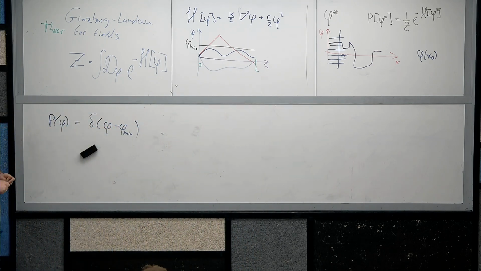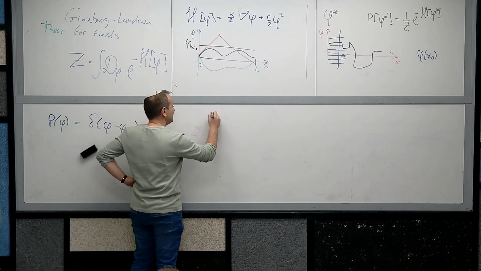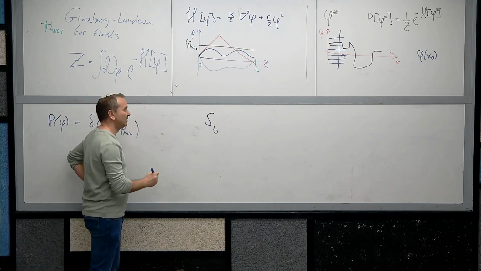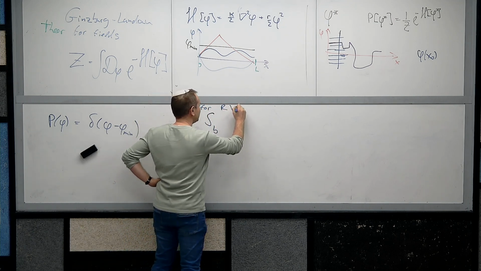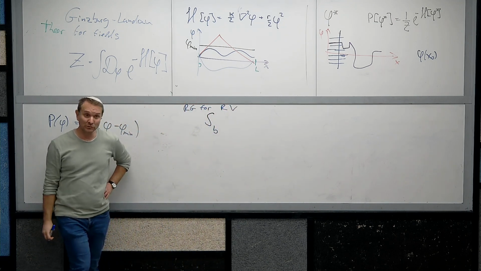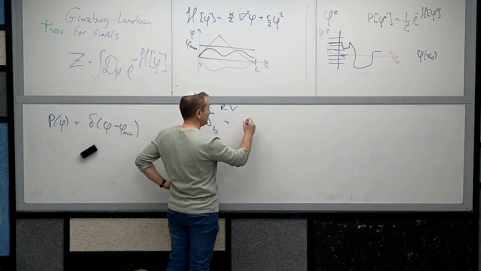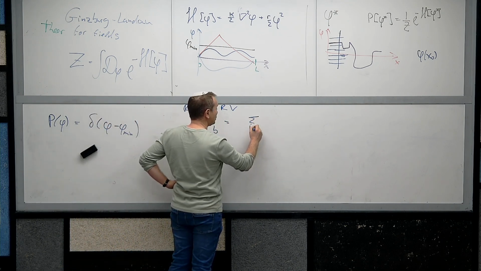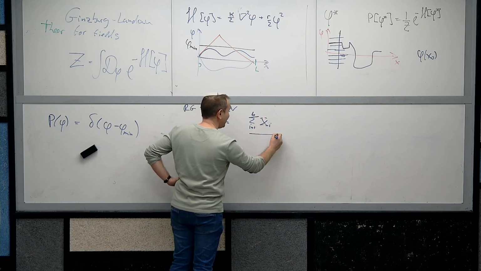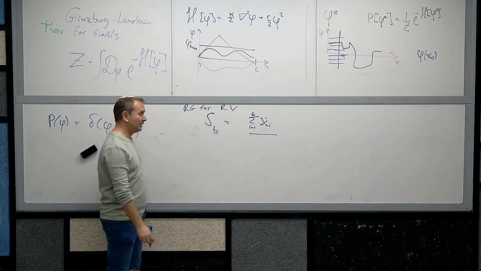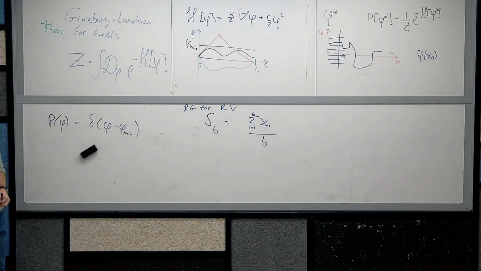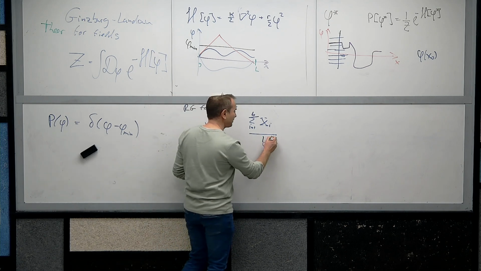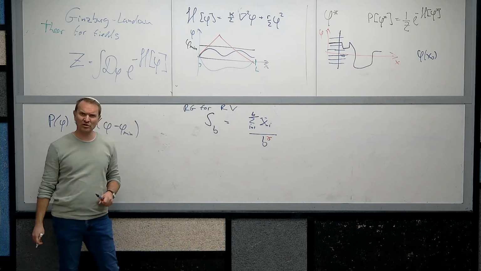So the creation of a single step is to say, well, let's define SB, RG for random variables. Let's create a random variable, which is SB, which is a summation i goes from 1 to B of xi, divided by B. Okay, and you remember I said, well, let's divide it by some b to the power gamma.